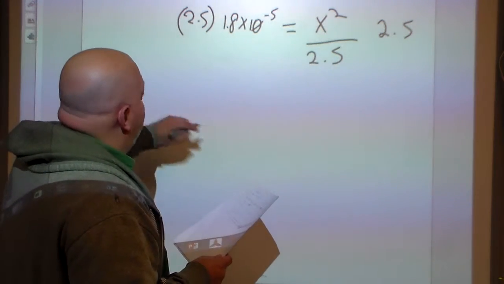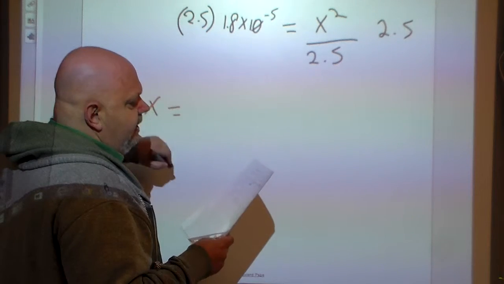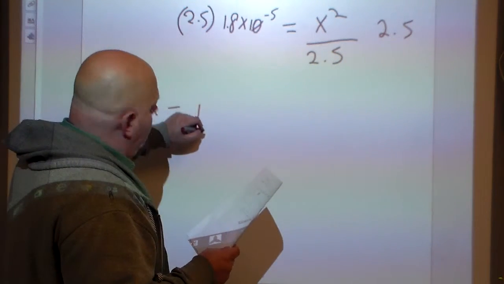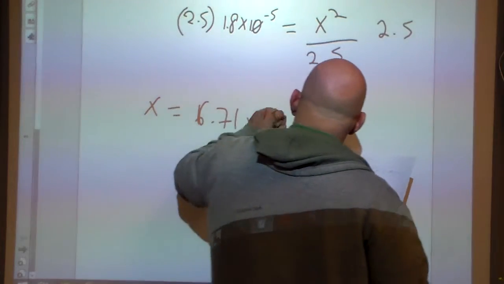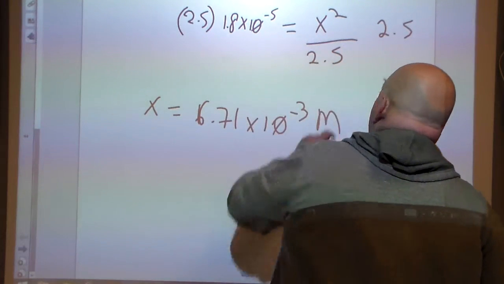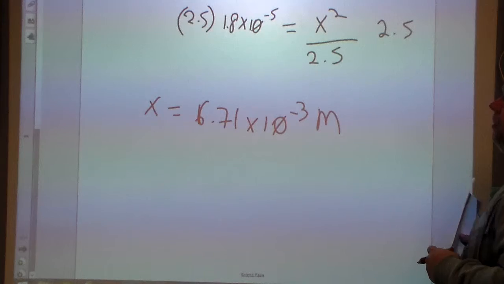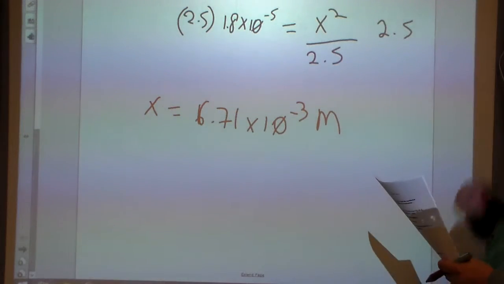Once we have all that figured out, x is equal to 6.71 times 10 to the minus 3 molar. That's our equilibrium concentration.